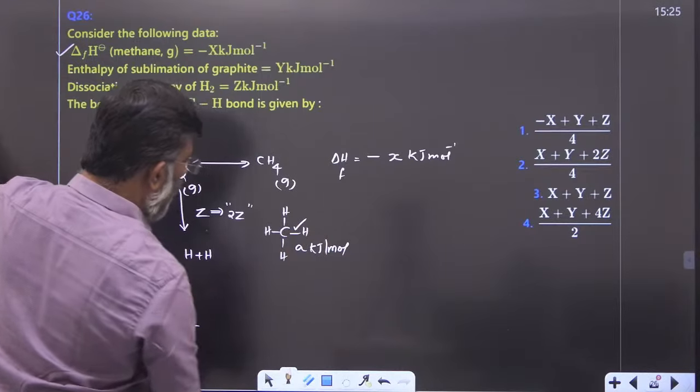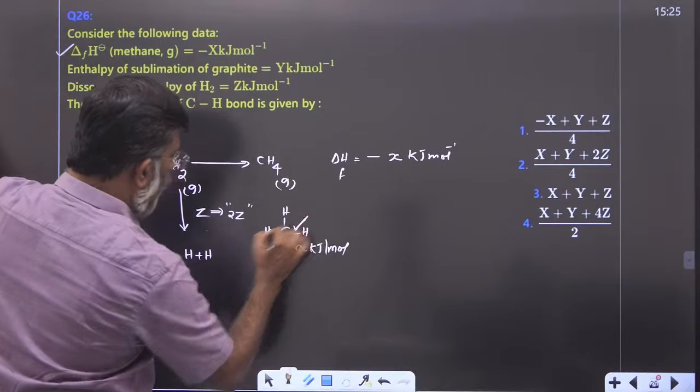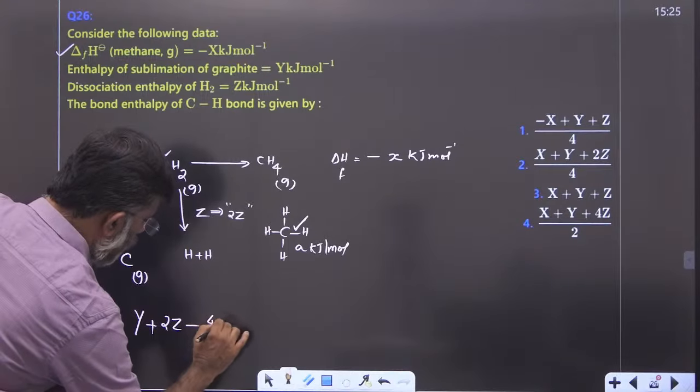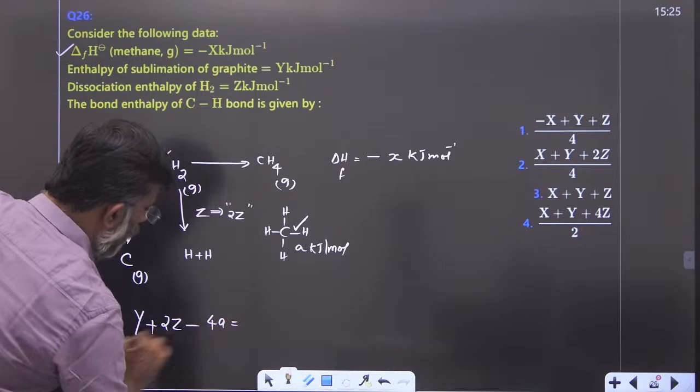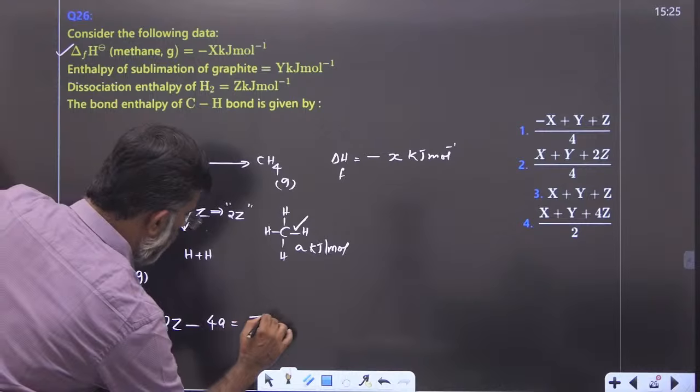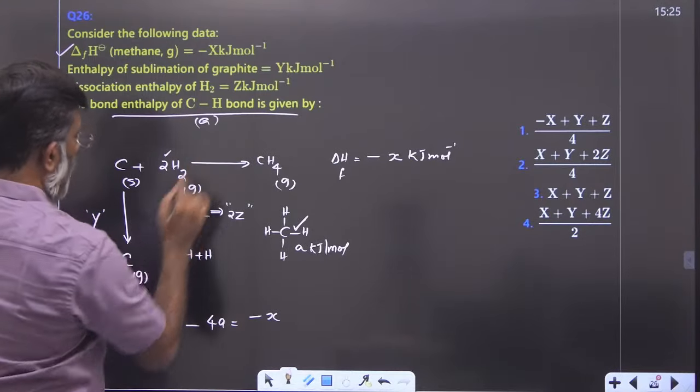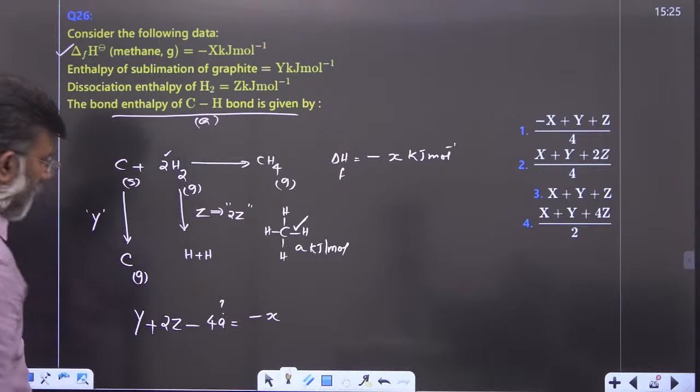For the formation of one bond, A kilojoule per mole, and there are 4 bonds, so it is 4A kilojoule per mole. That is equal to minus X. Our question is, what is A?